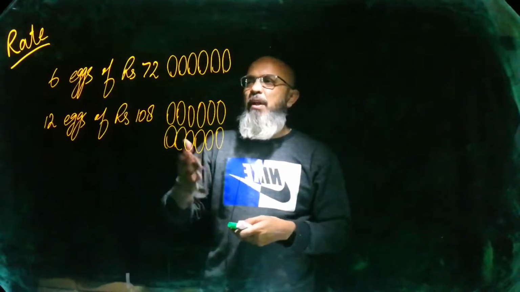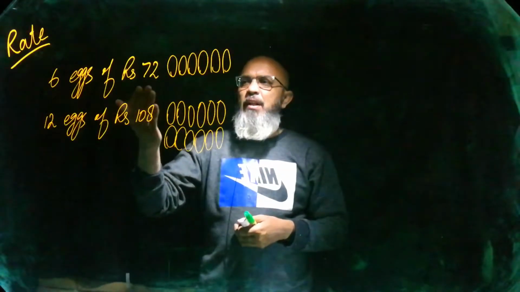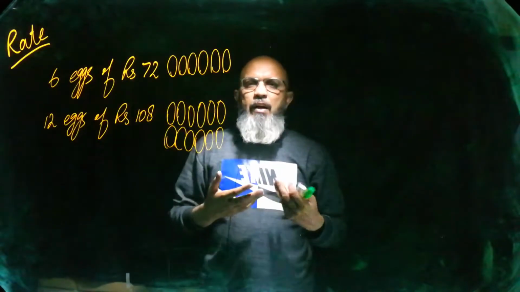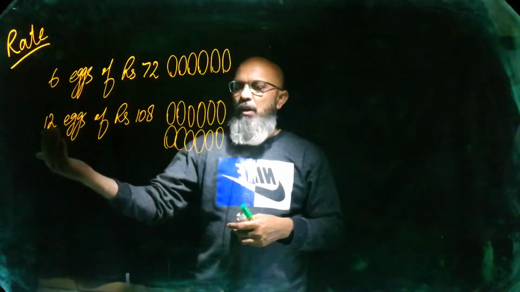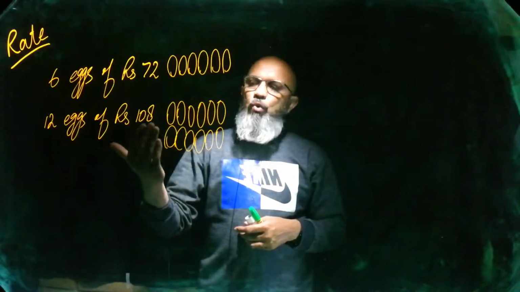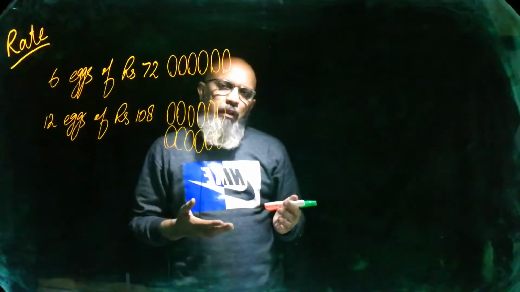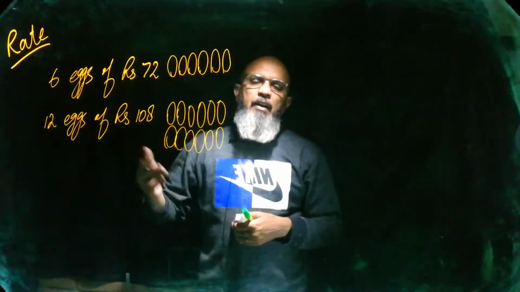How can you find it? Simply divide the total price by the total number of eggs. 72 divided by 6 means one egg costs me rupees 12. My brother bought 12 eggs for rupees 108, so if we divide 108 by 12, one egg costs him 9 rupees. That is called a rate.